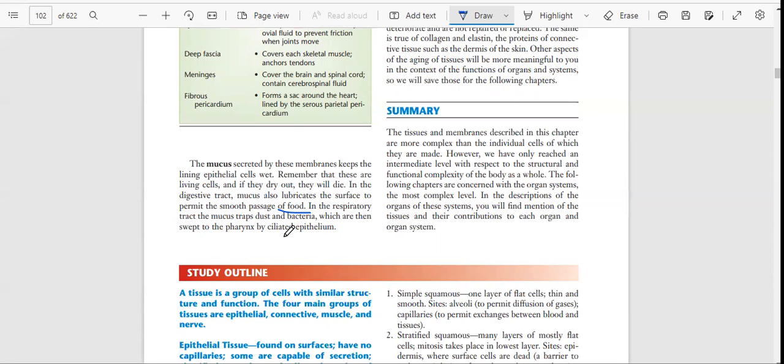To protect against the entering of harmful substances like dust and bacteria, and so that food passes easily. When we eat, there is mucus present in the esophagus, and in our air passages and lungs. If any dust or bacteria come, they attach to the mucus and air passes very easily.